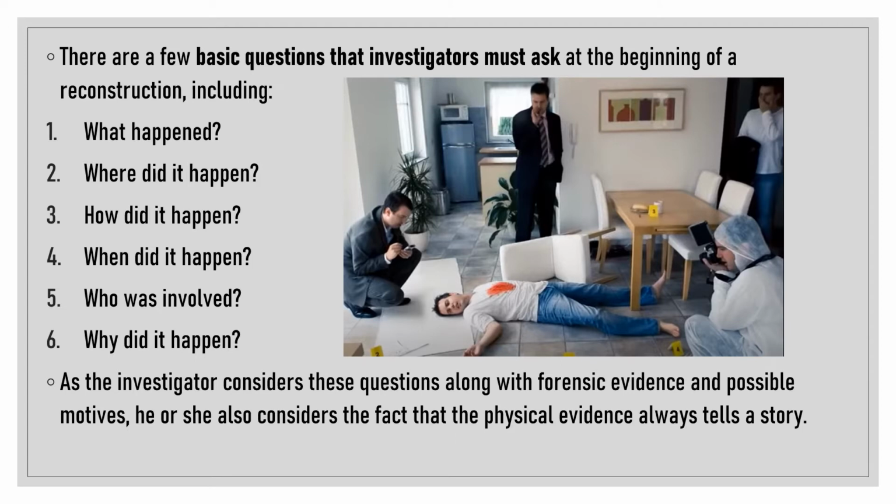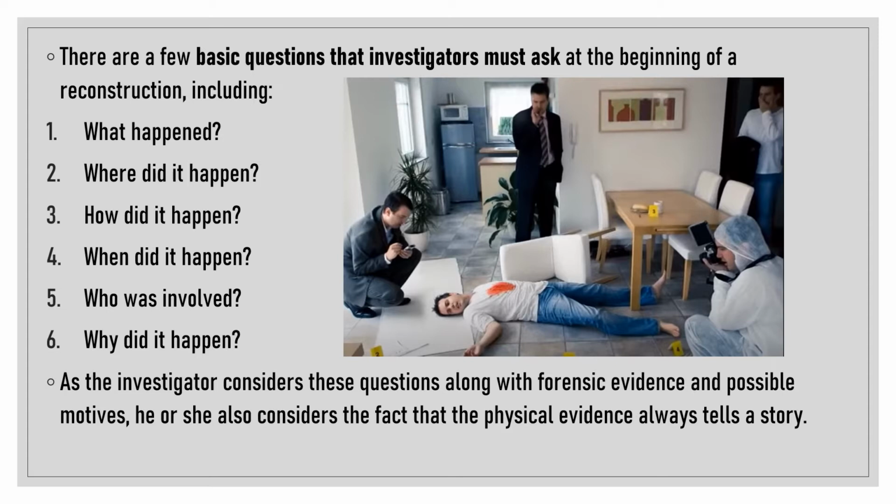There are a few basic questions that an investigator must ask at the beginning of a reconstruction. Those include: what happened, what really happened at this crime scene? Where did it happen? How did it happen? When did it happen?